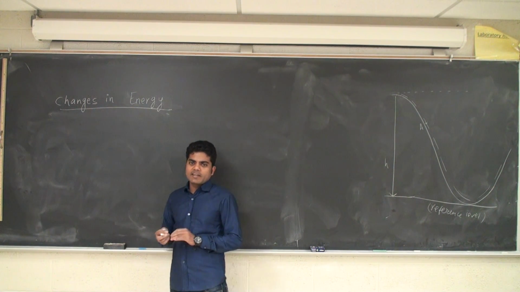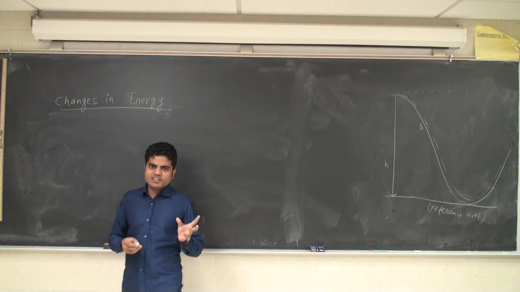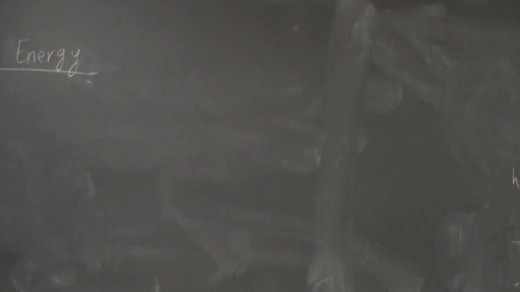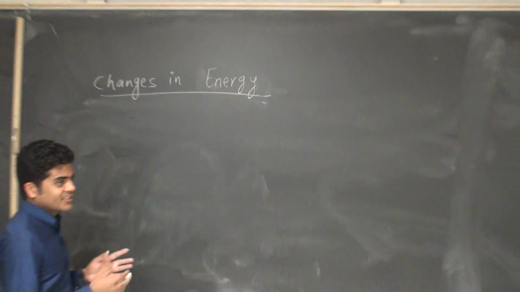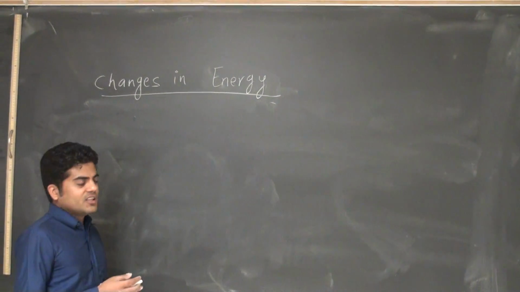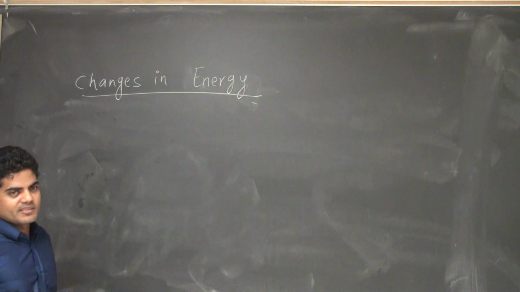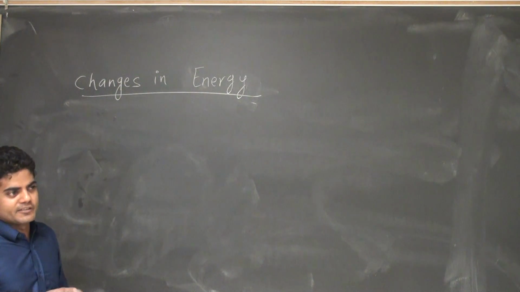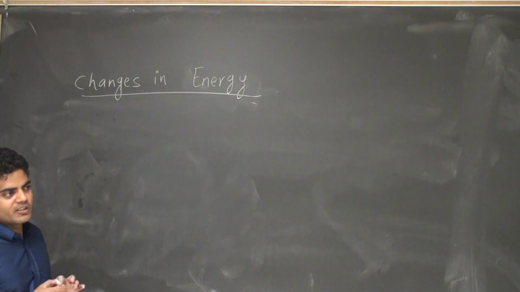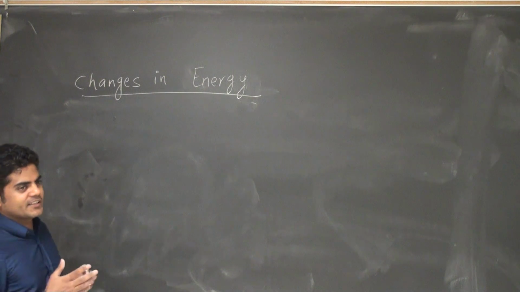In kinetic energy, when the center of mass of an object moves, we say that the translational kinetic energy changes. When the object moves about the center of mass, we say that the rotational kinetic energy changes. But in this lab, we are not going to focus on rotational kinetic energy.